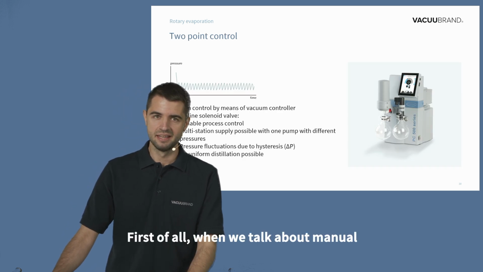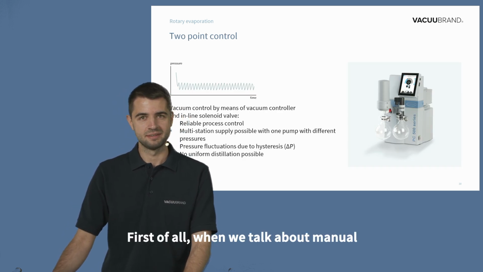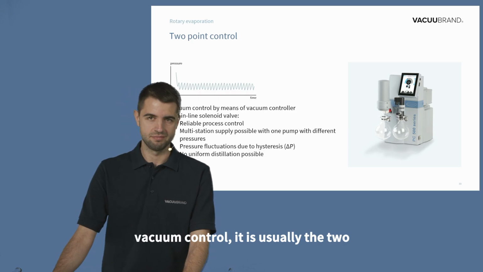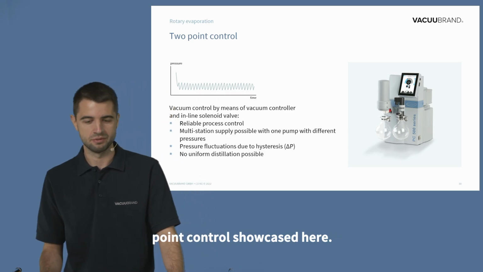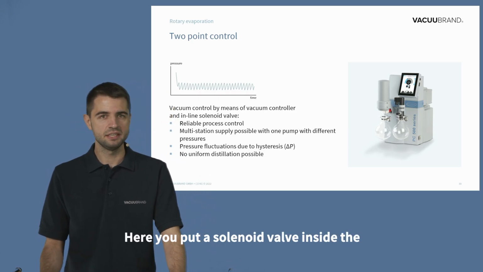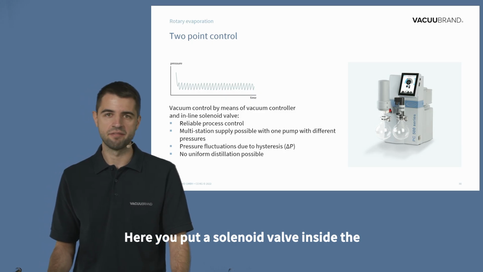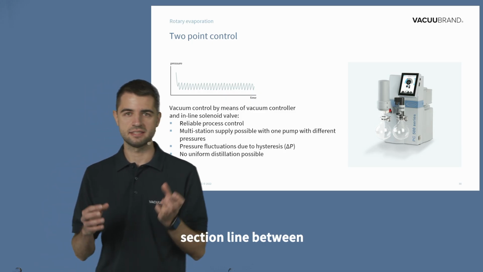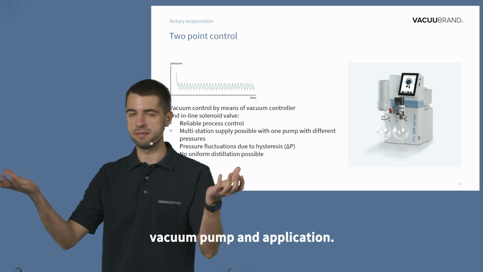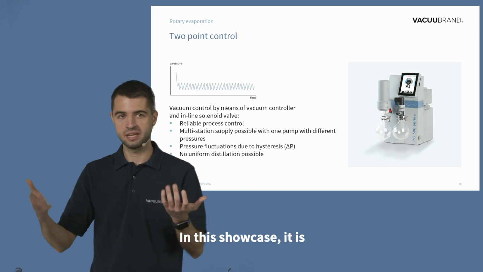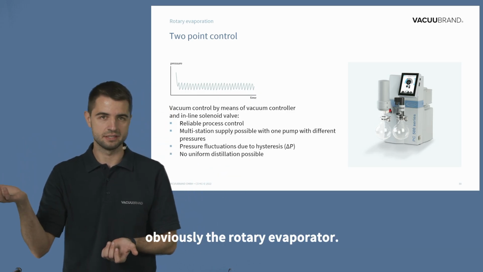First of all, when we talk about manual vacuum control, it is usually the two-point control showcased here. Here you put a solenoid valve inside the suction line between vacuum pump and application. In this showcase, it's obviously the rotary evaporator.